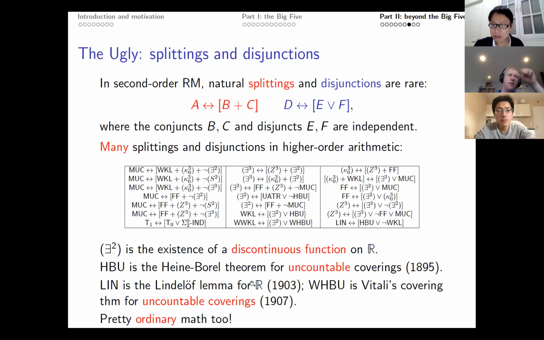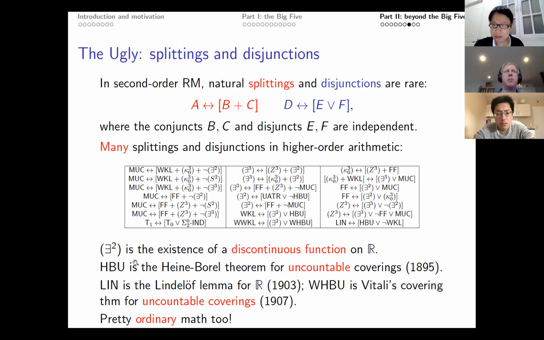The Gödel hierarchy says there's one linear hierarchy, but in higher order reverse math there's always two kinds of things, namely either a theorem implies the existence of a discontinuous function, and there's many of those, or not.